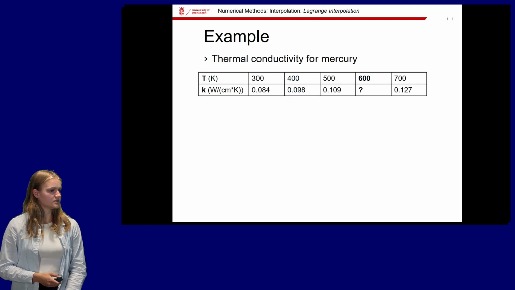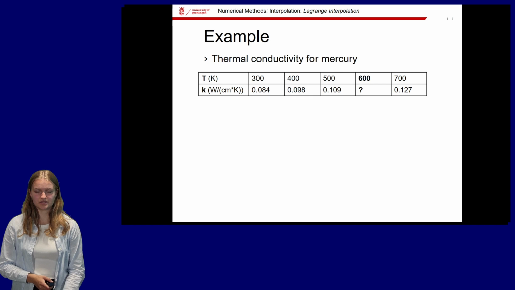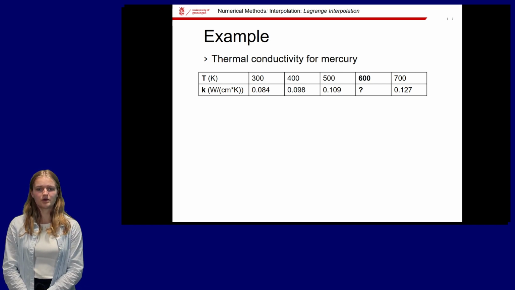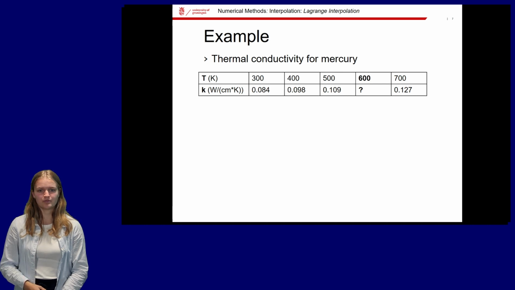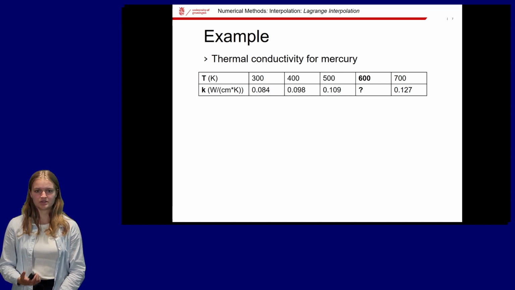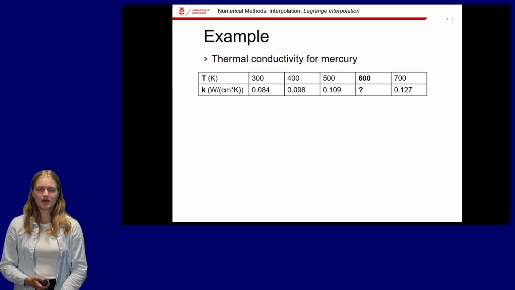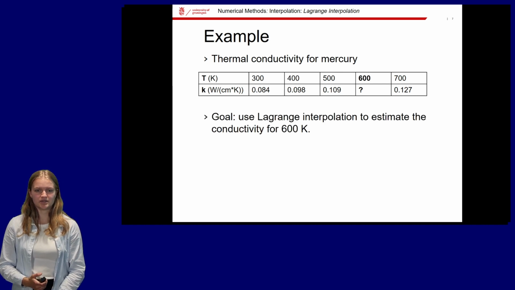So now let us discuss another example, namely the example from the last video on Newton interpolation, because we can use Lagrange interpolation to solve this question as well. Recall that we were given the thermal conductivity for the element mercury at 4 different points of temperature, and the question was to estimate the thermal conductivity at 600 Kelvin, so at a point in between, somewhere in the interval.